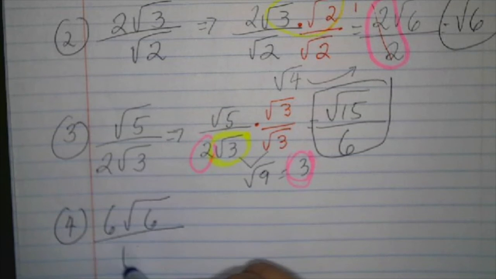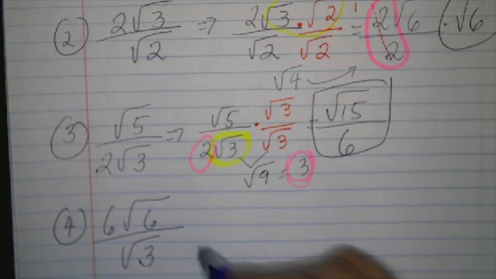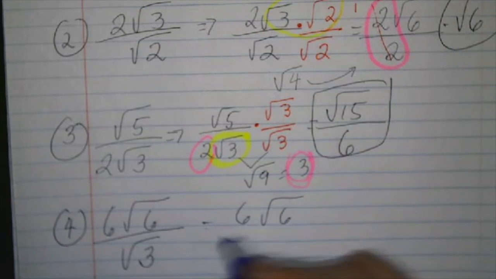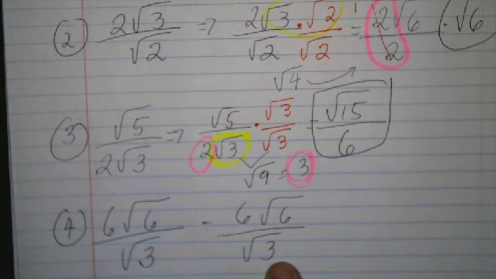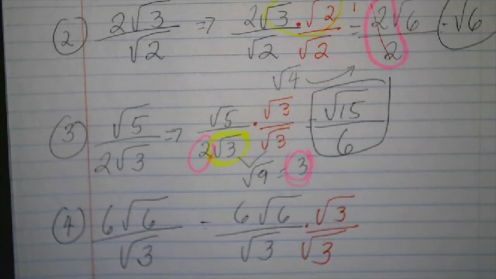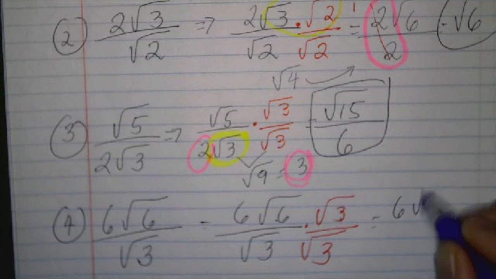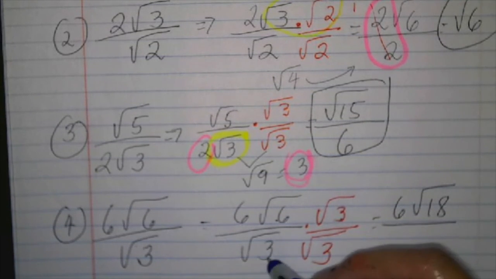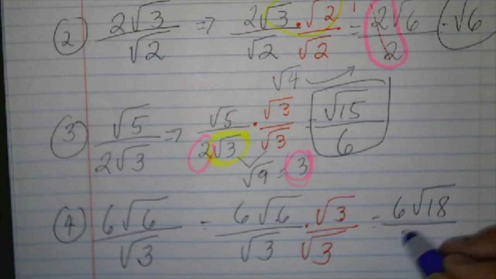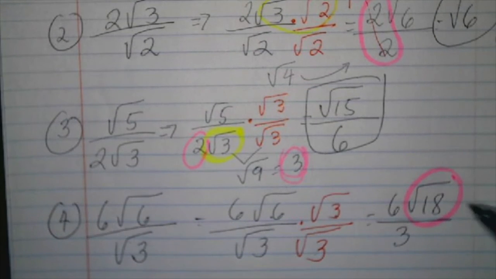Okay? All right, the last one. So you have to follow and review on this one. 6 radical 6 over radical 3. Again, let me rewrite it again. 6 radical 6 over radical 3. I rationalize, multiply by radical 3 over radical 3. Multiply 6 and radical 3 will give you 6 radical 18 over 3 times 3 will give me 9. Square root of 9 is 3. But oops!